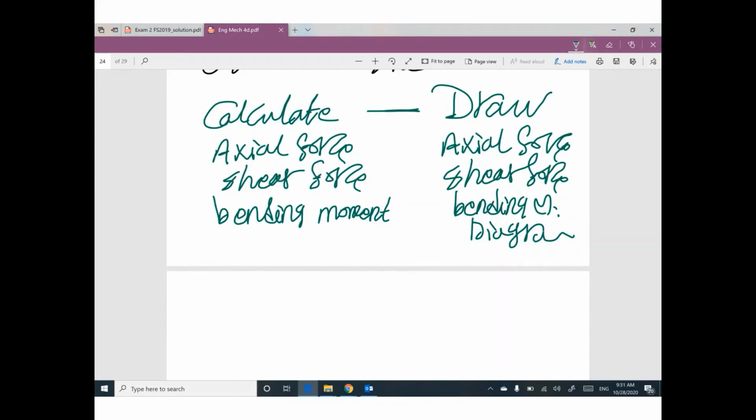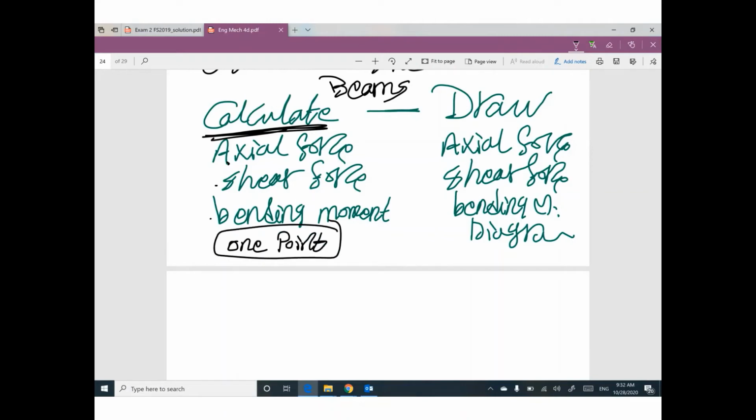Both of them are talking about beams. But for the first one, we need to calculate internal forces, axial, shear, and the moment at only 1 point. Only 1 point. So 1 point must be given. But the second type of problem, draw. So you need to draw for the whole structure. Make sure you are reading the problem carefully.